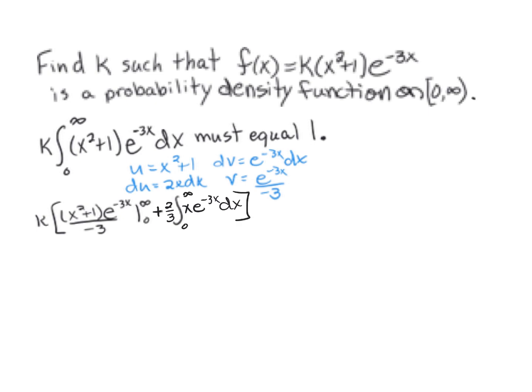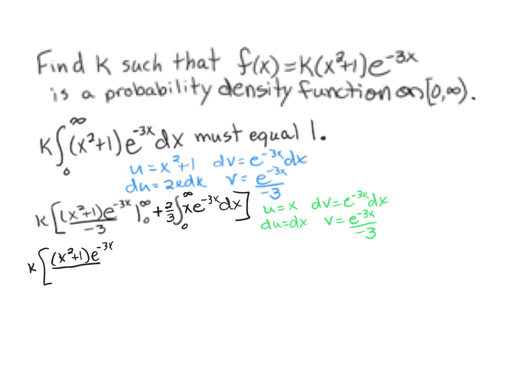So I'm going to do parts again. Set u equal to the x, dv is the rest, e to the minus 3x, don't forget your dx. Du now equals dx. V equals e to the minus 3x over minus 3. Plug it all in. I have k times, we've got to be super careful here. We're copying this down.